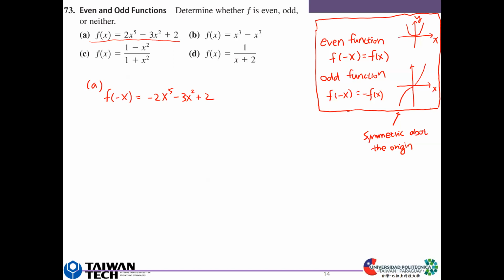Is it equal to f(x)? No. f(-x) is not equal to f(x), because this is not the same, and it is not equal to minus f(x). So it's neither.